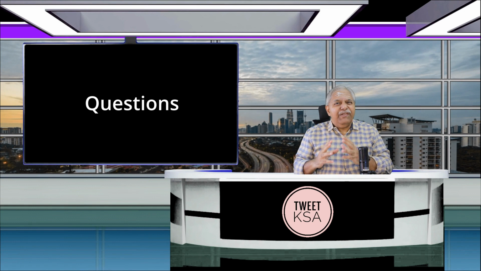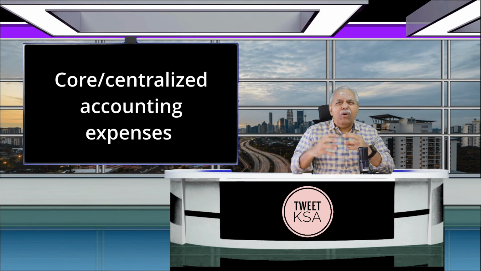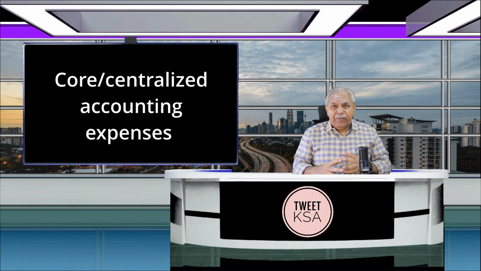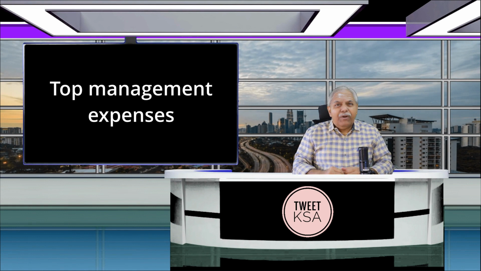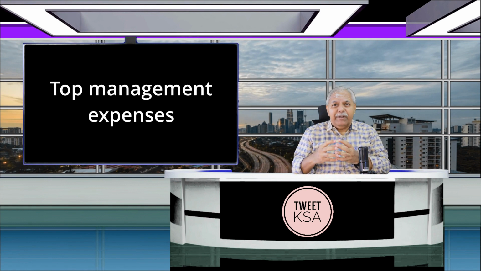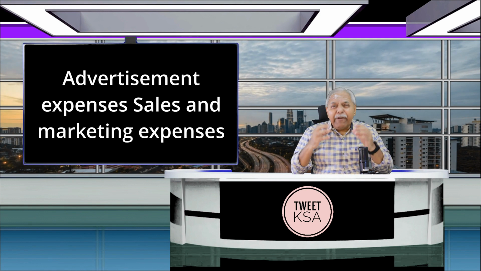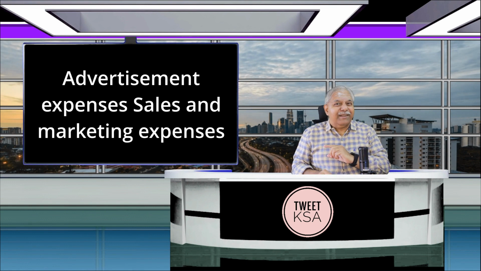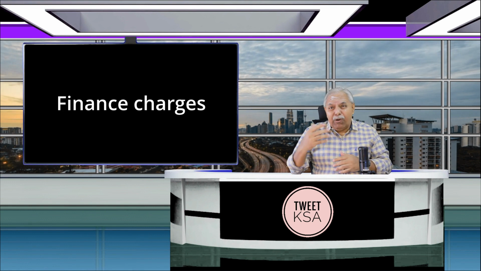Now, let us ask certain questions about it. If you have core centralized accounting expenses, how should they be shared? What about the top management expenses? Suppose there is a top management, a CEO or general manager; in what proportion will those expenses be shared? Advertisement, sales and marketing expenses need extra care. Finance charges: maybe they got a loan at the head office and shared it with the branches; is the interest shared?